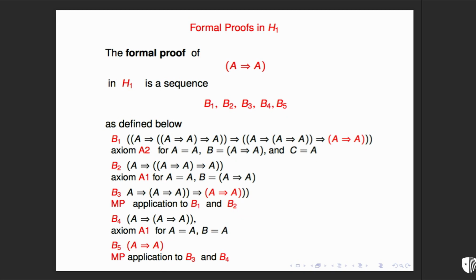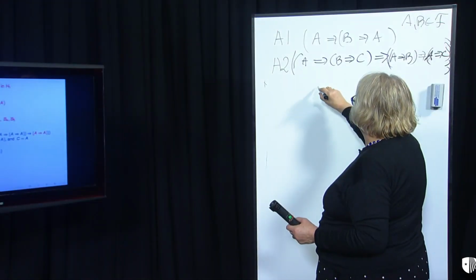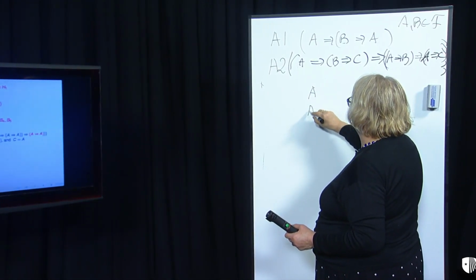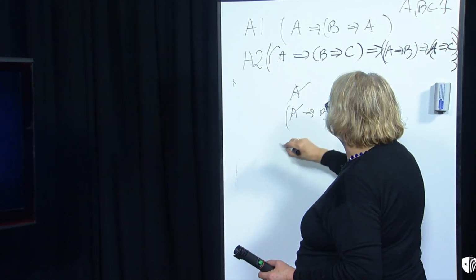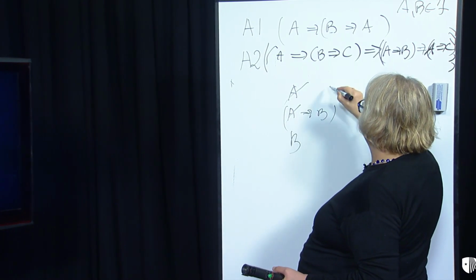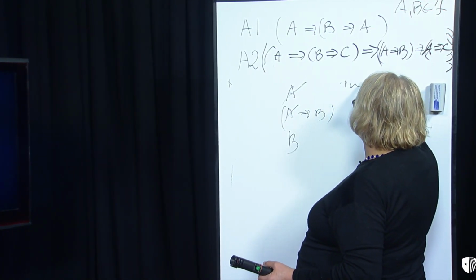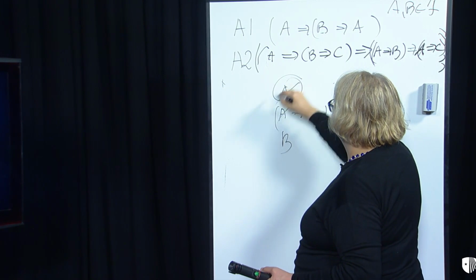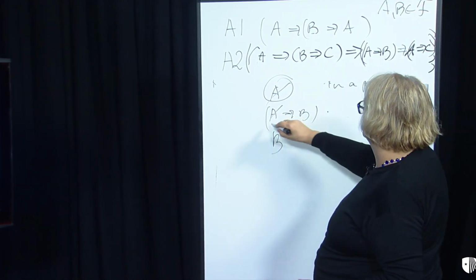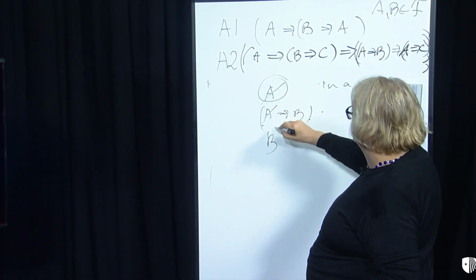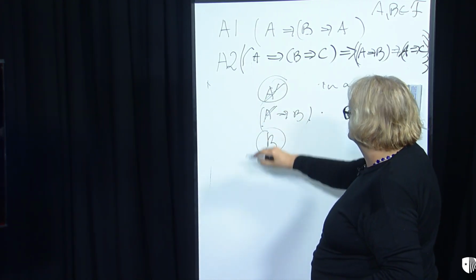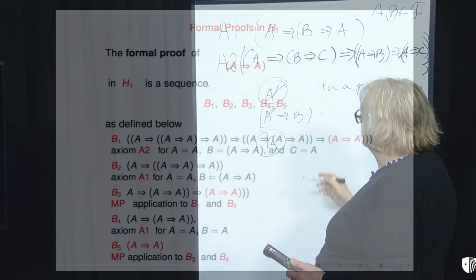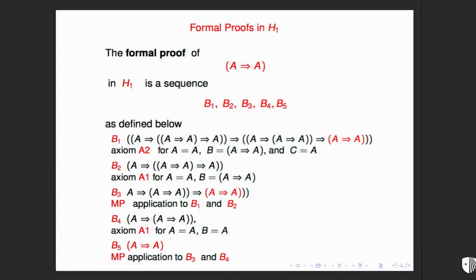When you think about modus ponens as the rule of inference, you have A, and you have A implies B, and it means you can cut A and deduce B. So if in a proof you have A, and then in a proof you have A implies B, you can, by modus ponens, cut this A and deduce B. So that's why modus ponens is also called a cut rule.